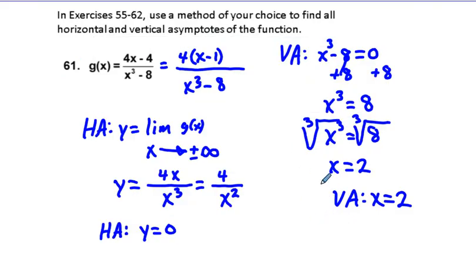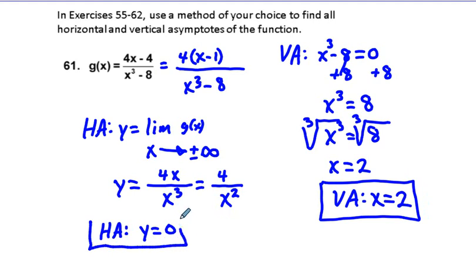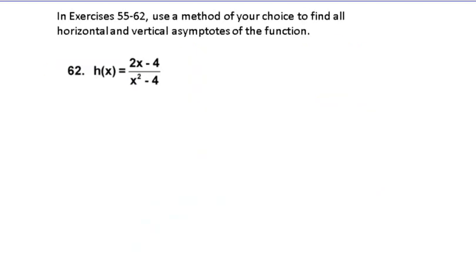These would be our correct answers. We solved all of these algebraically, but confirmed graphically, and also using the table numerically. And then 62 is this one here. I think your horizontal asymptote also is going to be 0 for this one.